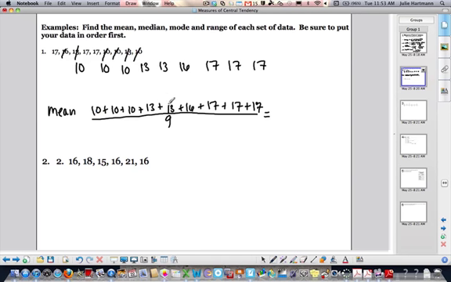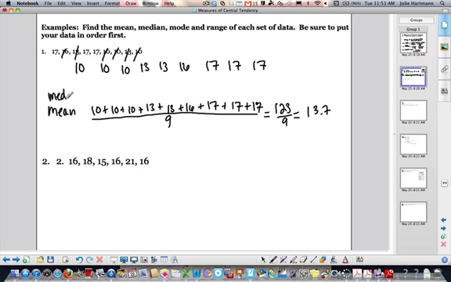That's 123 divided by 9, 13.6 repeating. So we're going to round that to 13.7. So that would be your mean.